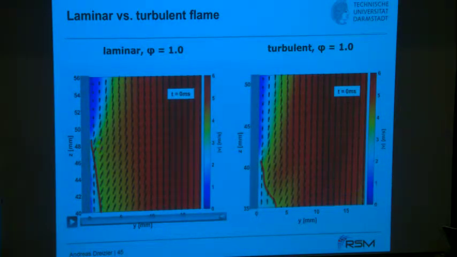Within the limit of resolution of the PIV, not every arrow is shown because that would be overfilled. But you see as well this blue region. This is the velocity boundary layer. Not very well resolved, I admit, but after the quenching, you see how the velocity boundary layer develops. And that develops fast because of the higher viscosity over here.